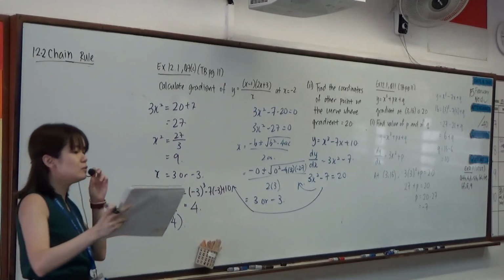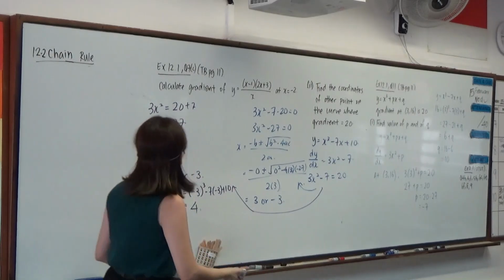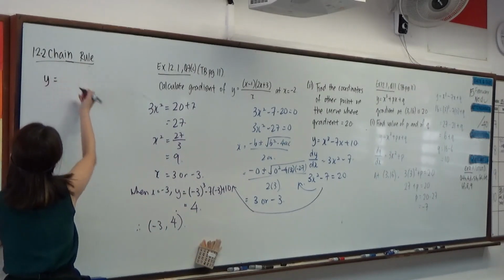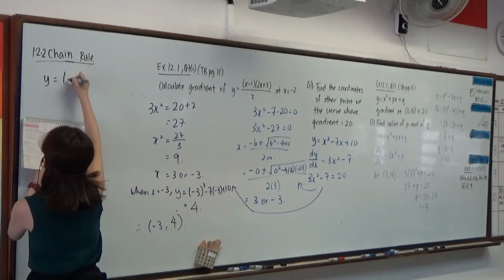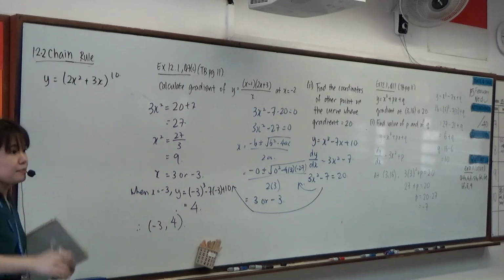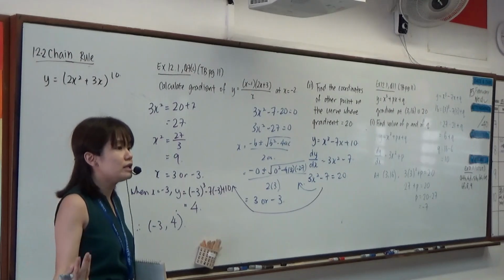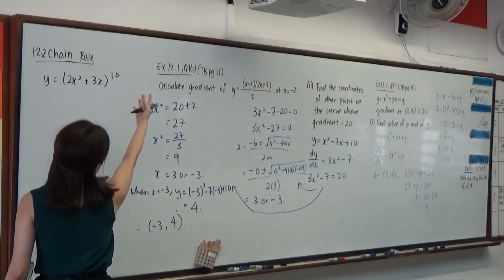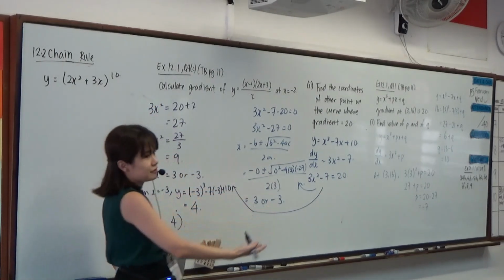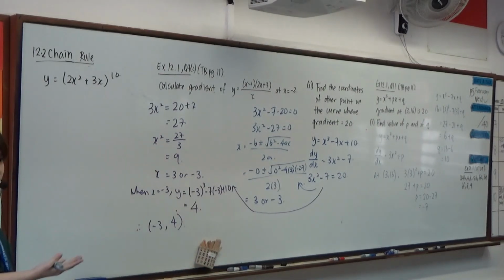What we're trying to achieve in applying this rule is to know how to differentiate things like, for example, (2x squared plus 3x) to the power of 10. At this stage, based on what we have covered, all we can do is expand the entire thing and differentiate term by term. To expand this using the binomial theorem would be very tedious, not feasible and not practical.